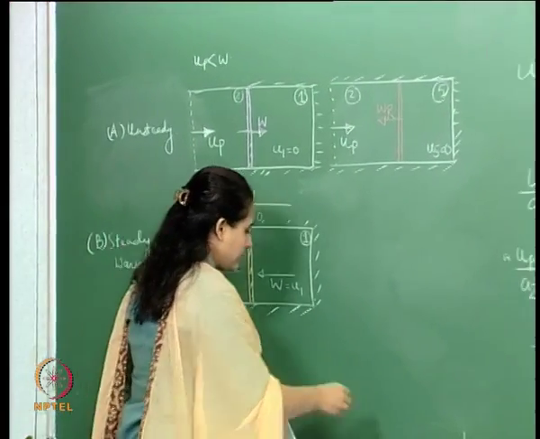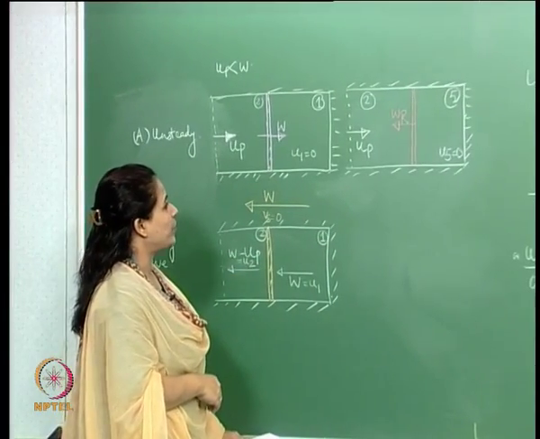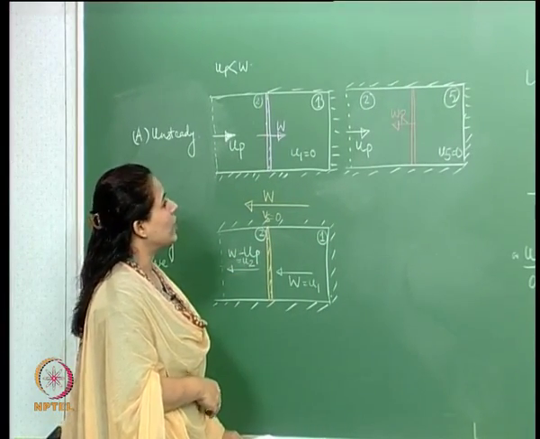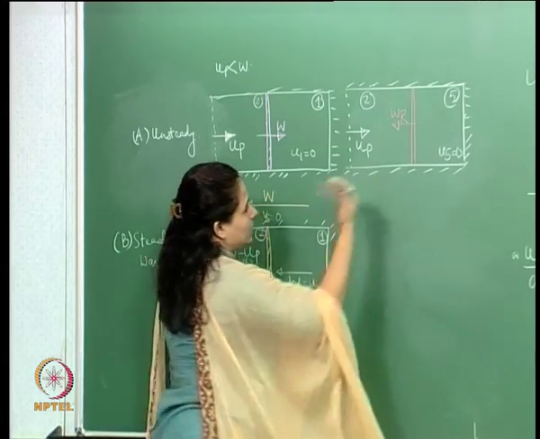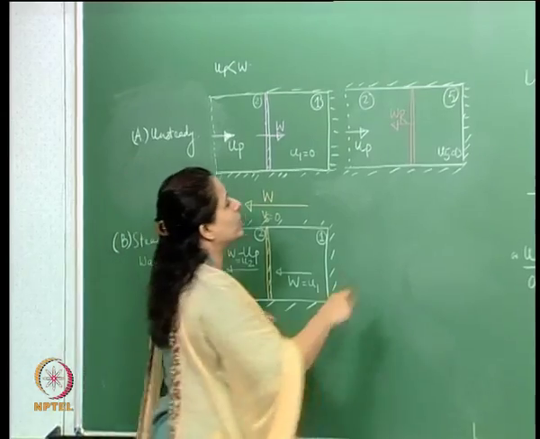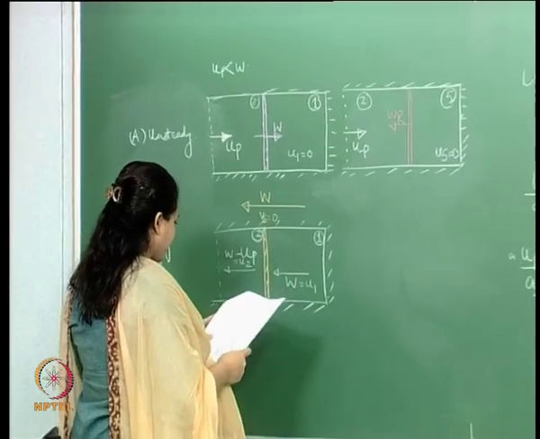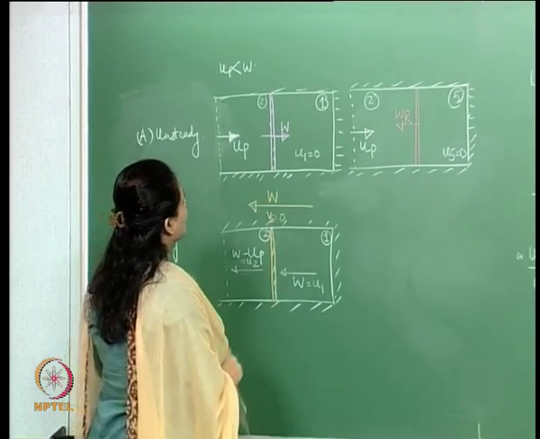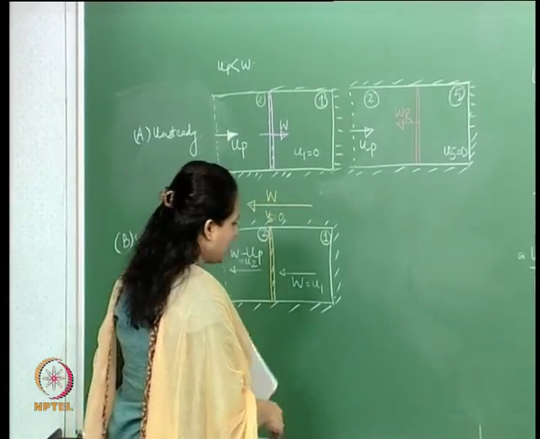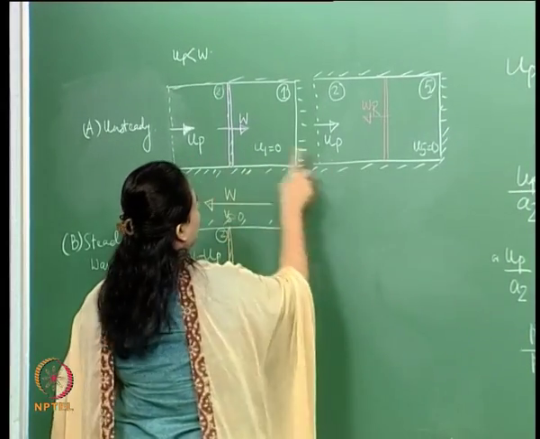Now, this is essentially the wave picture of the reflected wave. We can, of course, convert this to the steady state case by imposing a velocity in this direction. So this is what we have over here. This is the unsteady case.